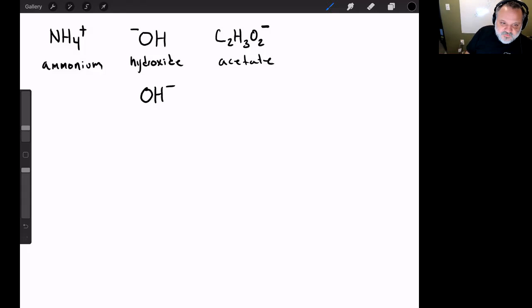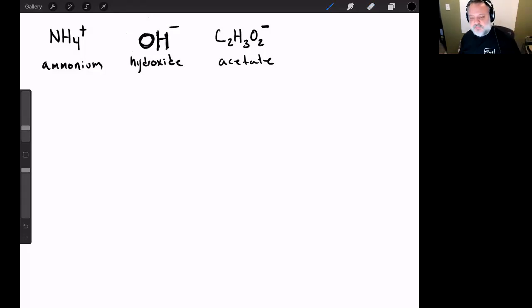So you will see me write hydroxide like this quite a bit. They're both correct, but just to be consistent, let me write it down like this for right now. Hydroxide. Okay, so there's the three that don't fit the pattern.